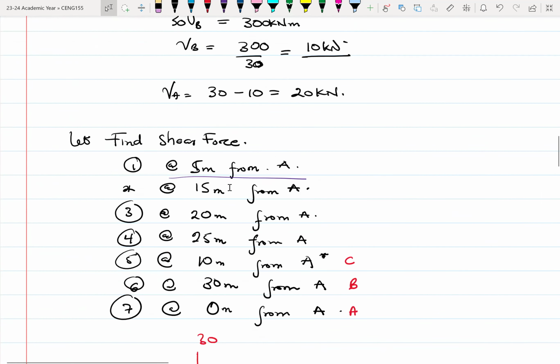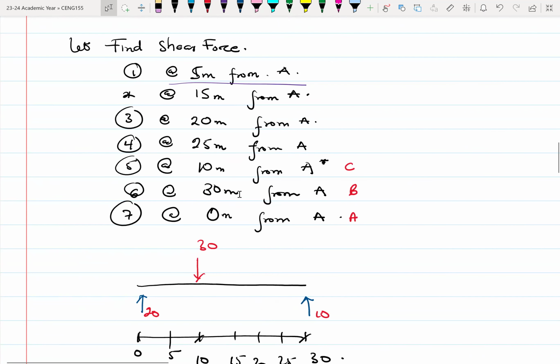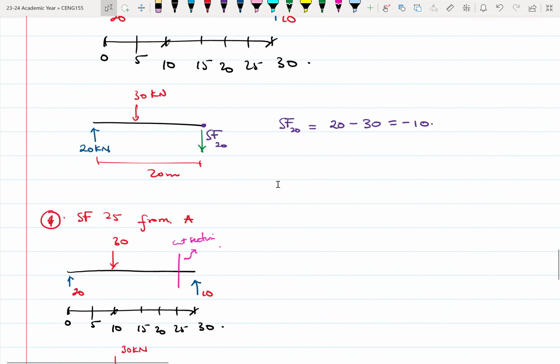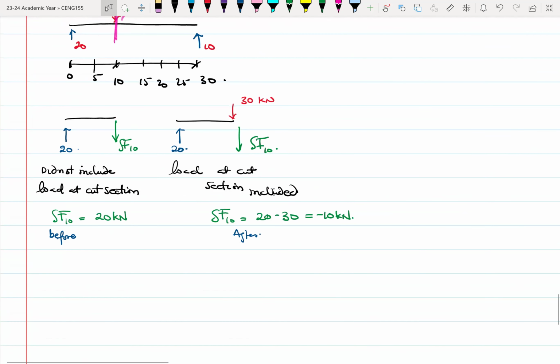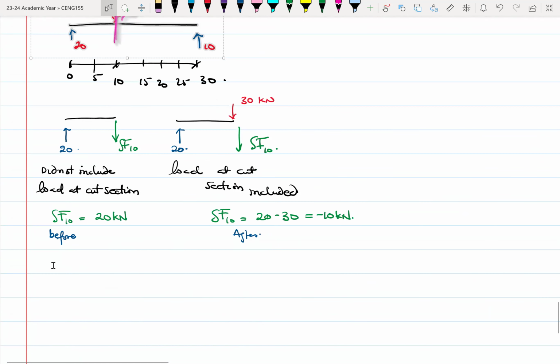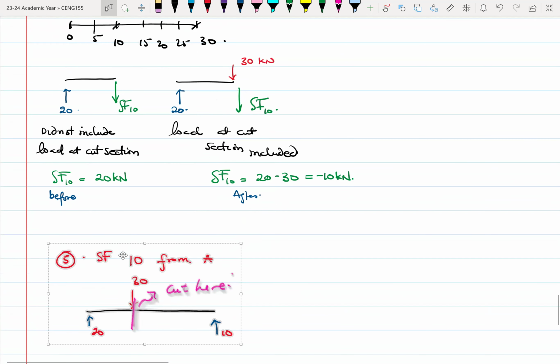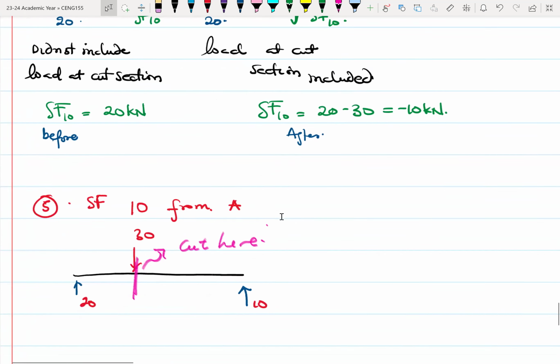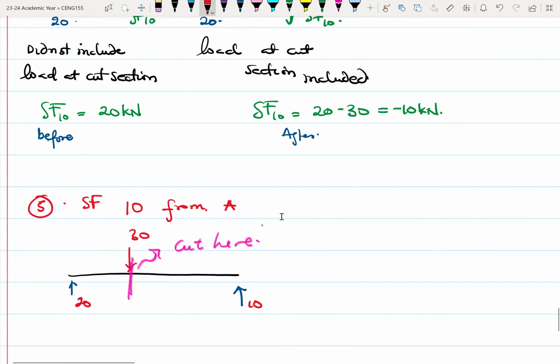Let me do the last two. So it's 30 meters from A. So at 30 meters from A, we have something very similar to what we had. So let's clear a few things.